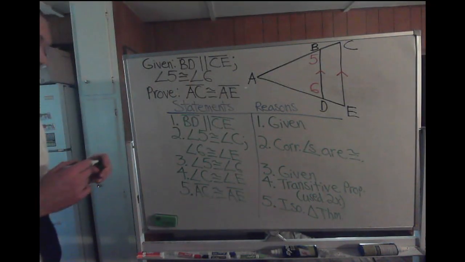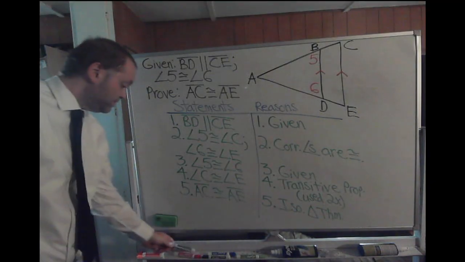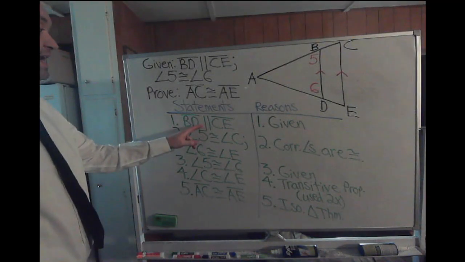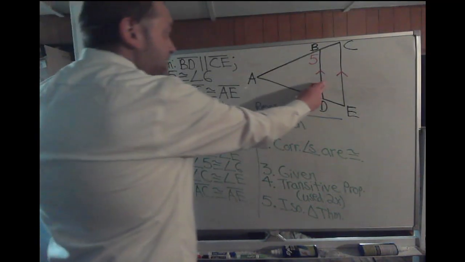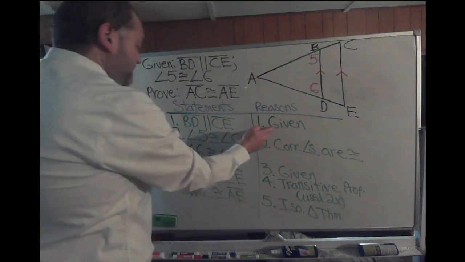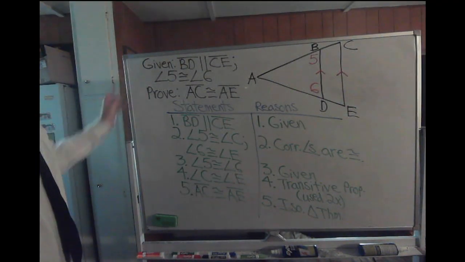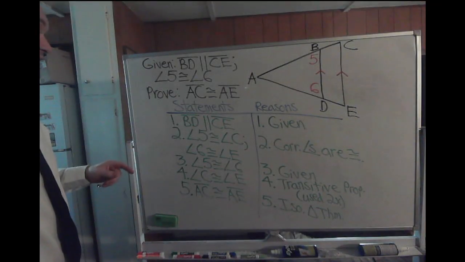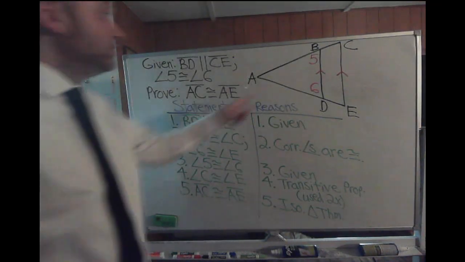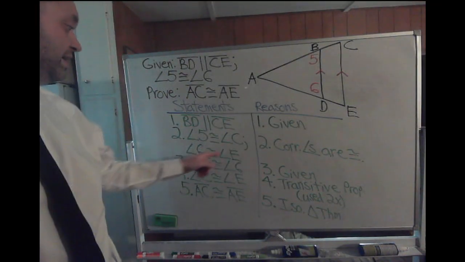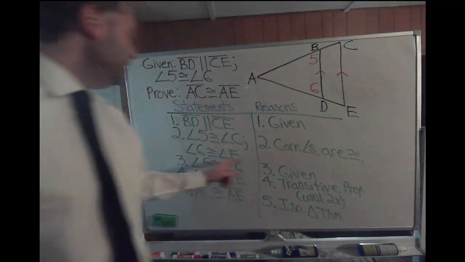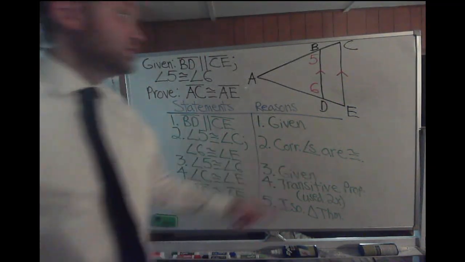So let's go through this proof again here. We start with the fact that side BD is parallel to side CE. That was given to us. Well, then if those two sides are parallel, that would mean angle 5 is congruent to angle C and angle 6 is congruent to angle E by corresponding angles are congruent.